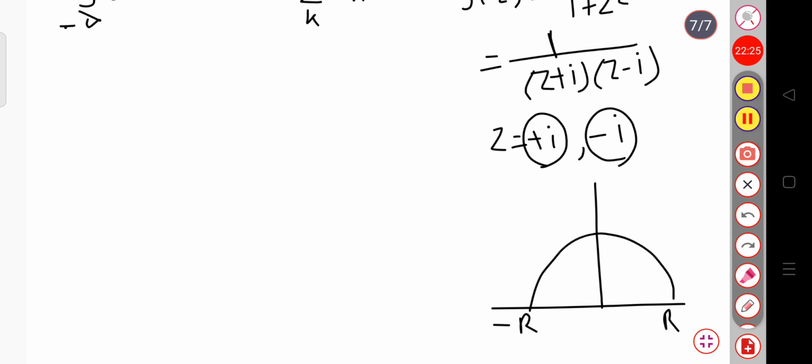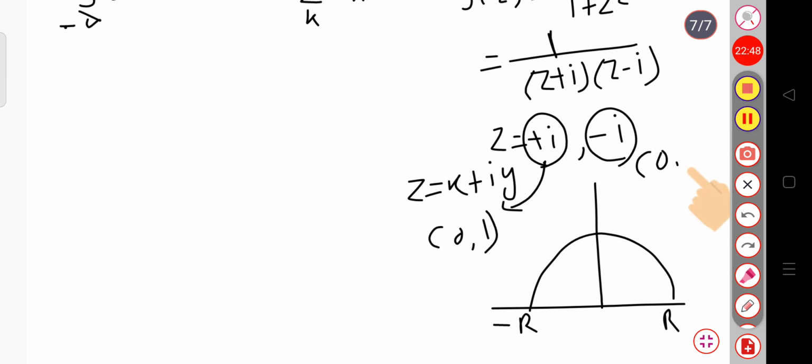If you can remember, we can write this z equal to x plus iota into y. Since here only plus i, it means that this x part or the real part is absent. It means that for this plus i, our point is 0, 1, and for this minus i, x component is 0 and y component is minus 1.